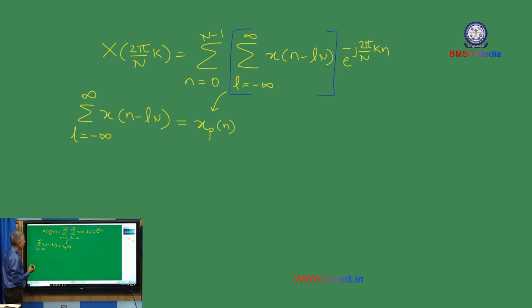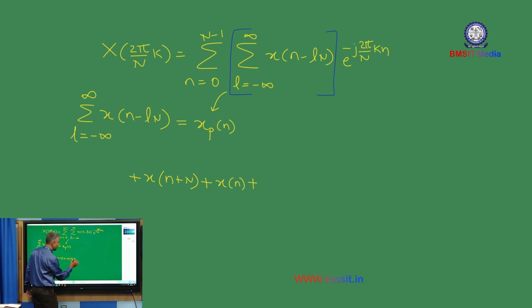extended version of x of n. So let us try to substitute l equal to 0, 1, 2, 3 or minus 1, minus 2. For l equal to minus 1, it will be x of n minus ln, so minus 1 means plus n, so x of n plus n. Then for l equal to 0, it will be x of n.